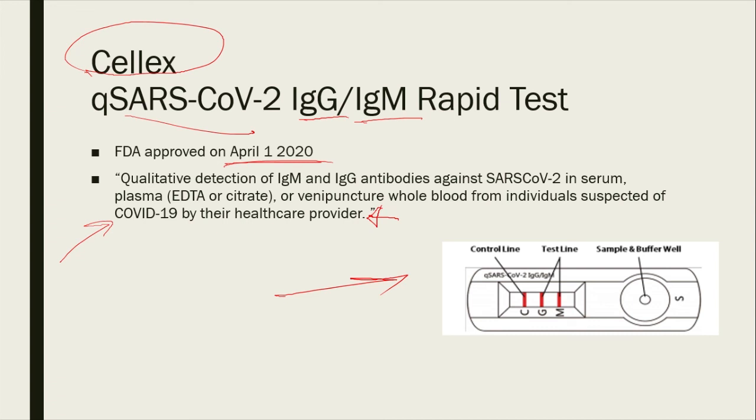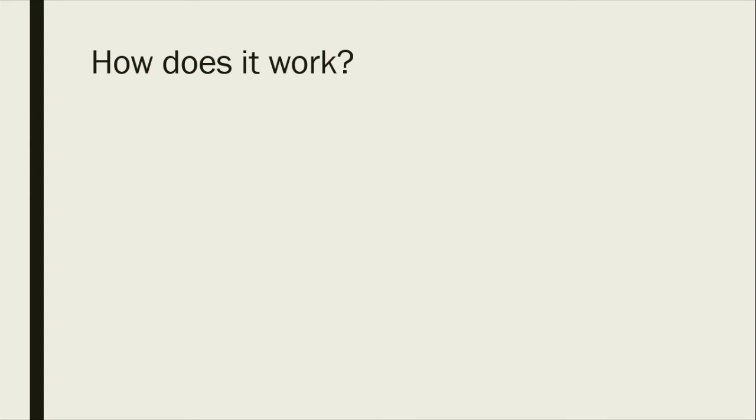So here we have a control line and two test lines, and we have a well to capture our samples. So how does it work? Now I'm going to draw this out. I think it's an easier way to look at it, and you are welcome to pull out a piece of paper and pencil and draw out what is going on in this assay.